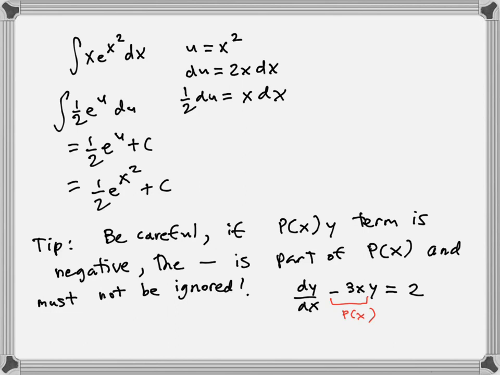Because if you do the integral of negative 3x squared dx, this is going to be negative x cubed, and then when you take e to that power, it becomes e to the negative x cubed, which is very different from e to the positive x cubed. So the point is, do not leave your negative signs out when you're figuring out your integrating factor, or it will mess up everything.